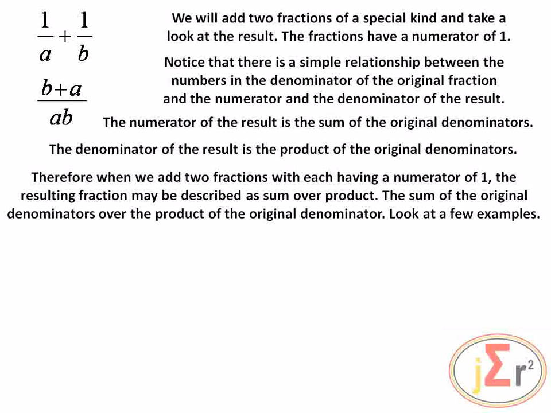The sum of the original denominators over the product of the original denominators. Look at a few examples. So we have adding fractions whose numerators are equal to 1. Then we may just find the sum of the denominators and put that over the product of the denominators.